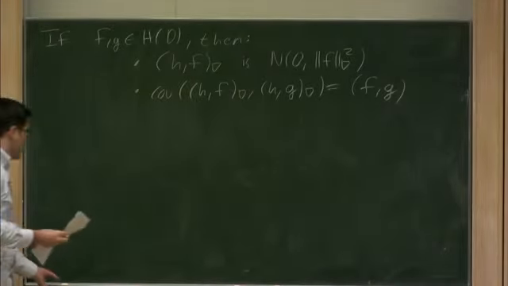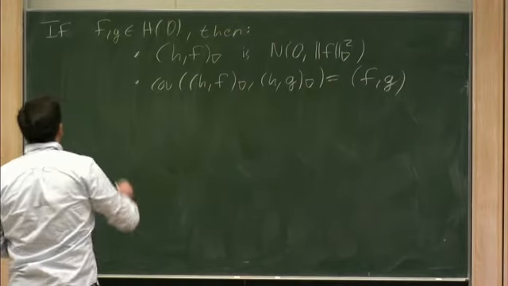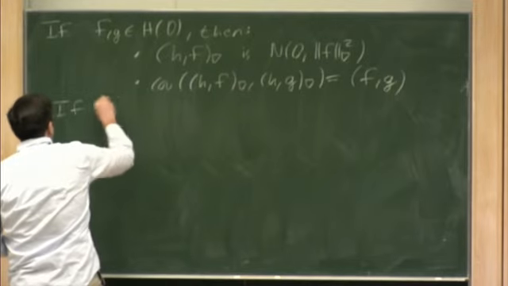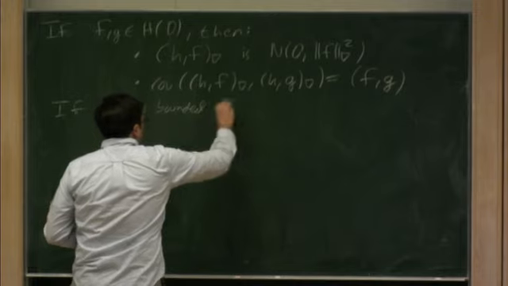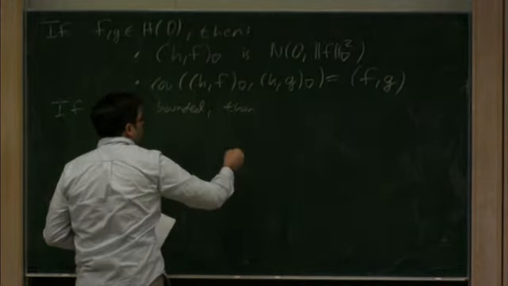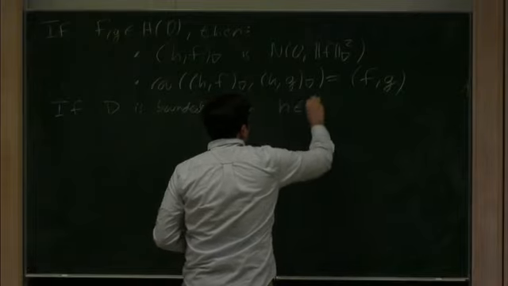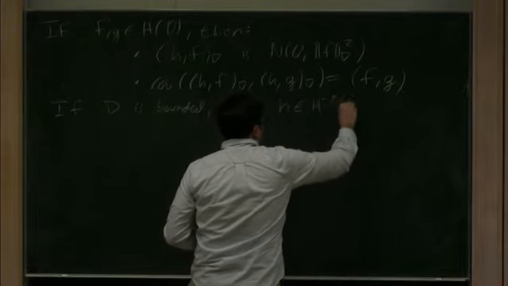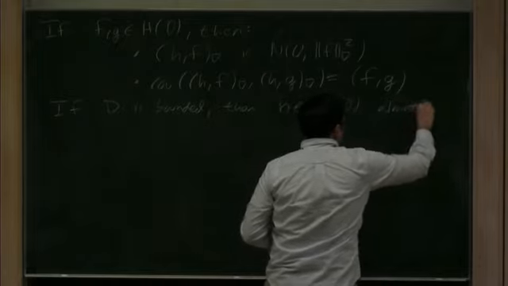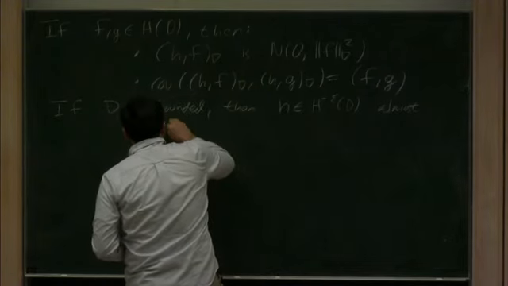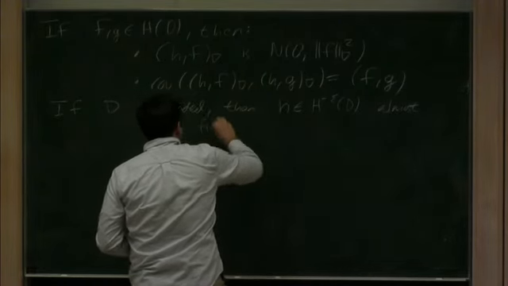And then the last thing that I want to remind you of is that we also showed that if D is bounded, then the Gaussian free field h takes values in the space H minus epsilon of D almost surely for each epsilon positive.